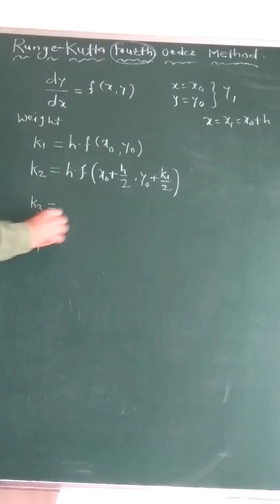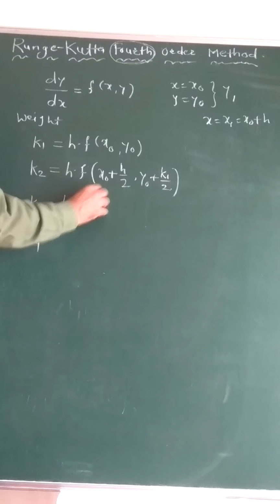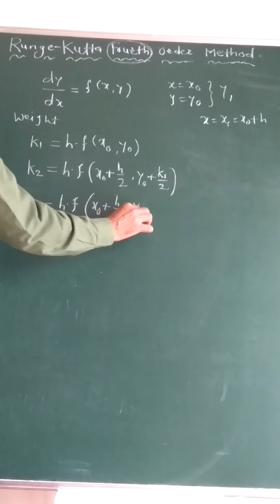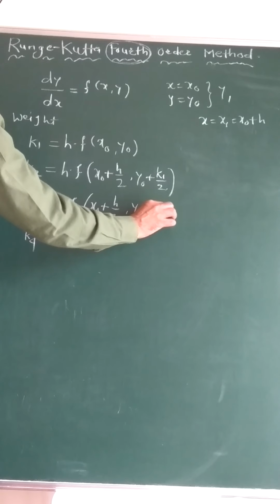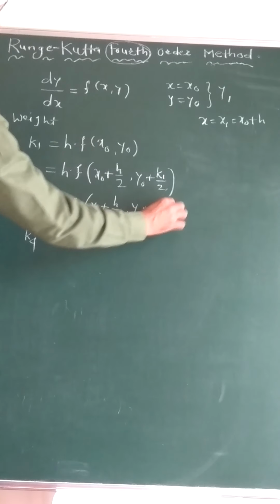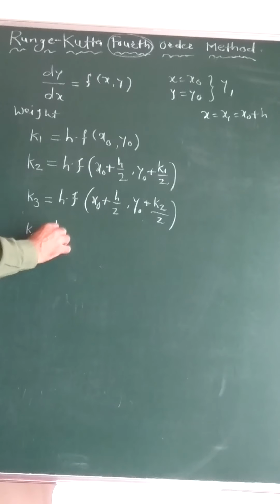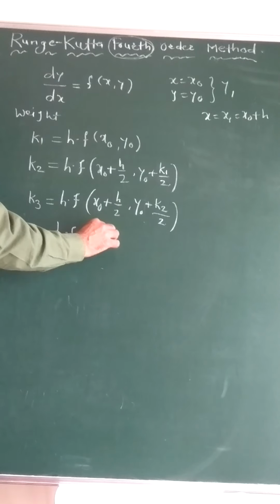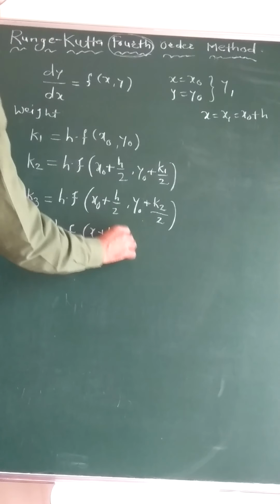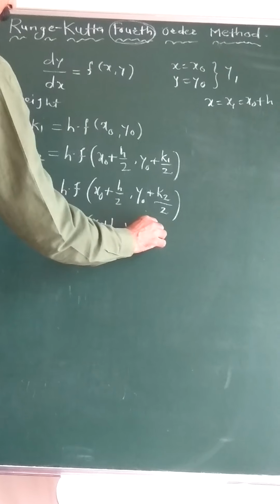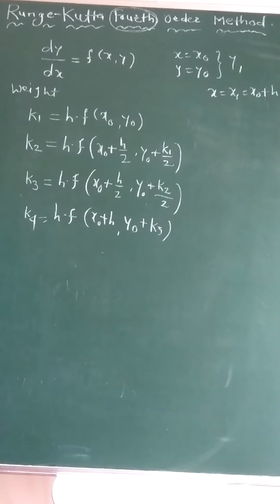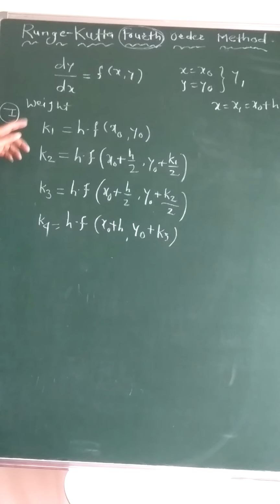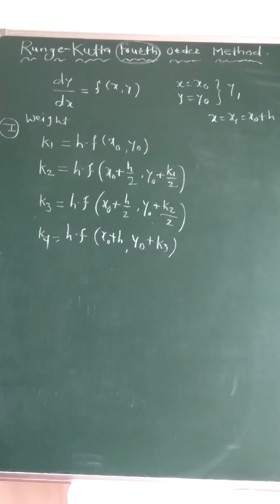Third value, that is k3, is equal to h into f of x0 plus h by 2 comma y0 plus k2 by 2. And fourth one is k4 equal to h f of x0 plus h, y0 plus k3.